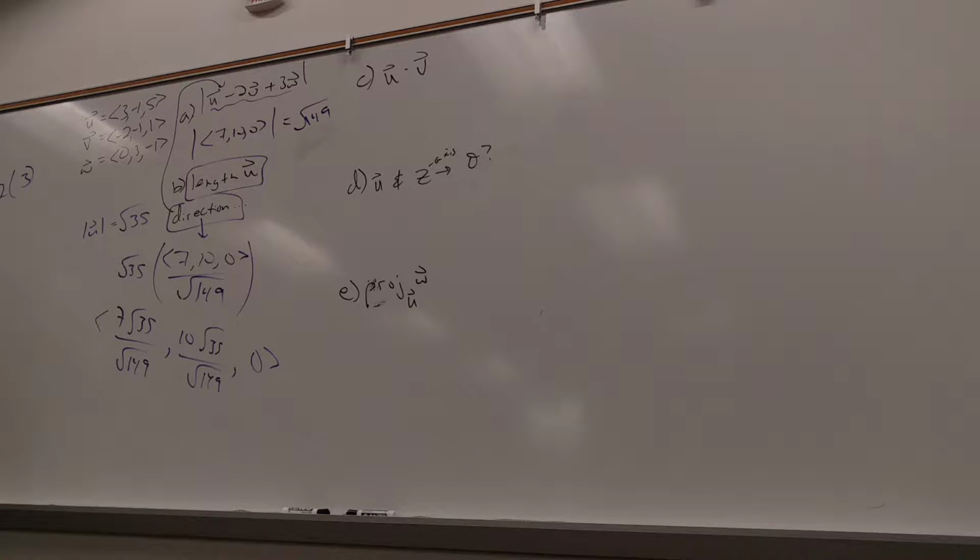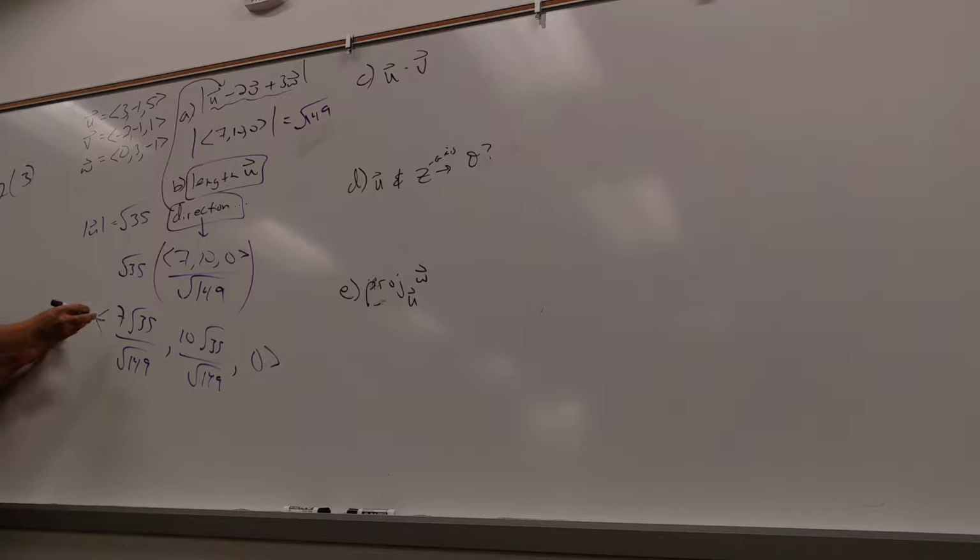Now, is that always true? No. You can kind of play around with that. But for right now, the question says, give me a vector. So don't give me a constant times a vector. Give me a vector. Is that a huge deal? No. If you would have told me the answer was 7, 10, 0 with that over that out front, I would have just made a little note. I wouldn't take points off. It's not a big deal. Okay? I do want to make that point. That is the vector answer.